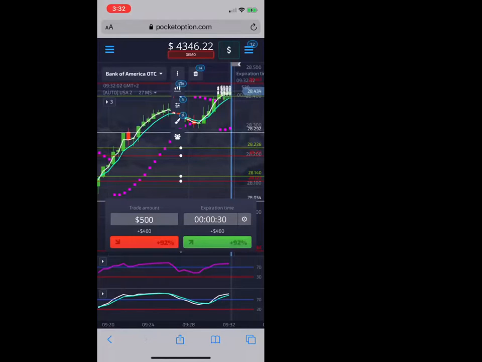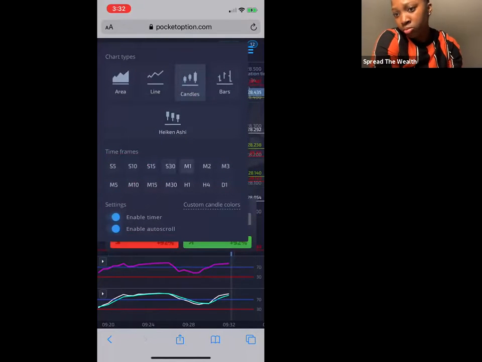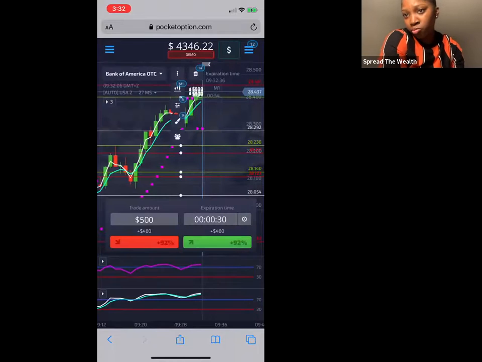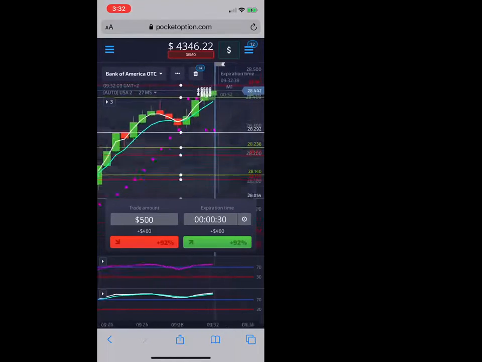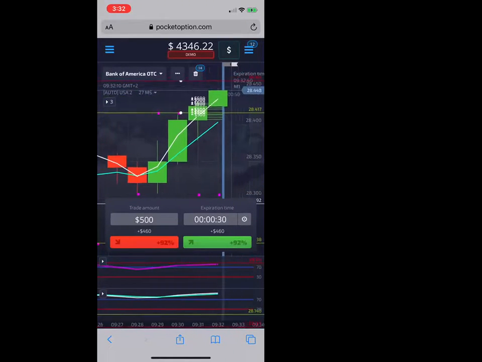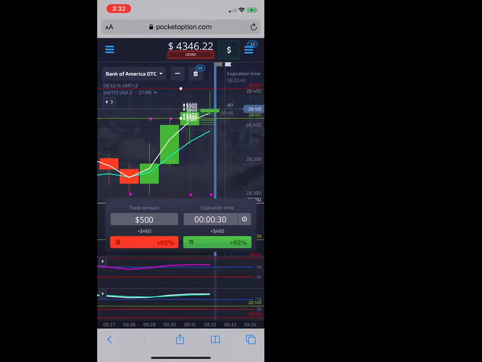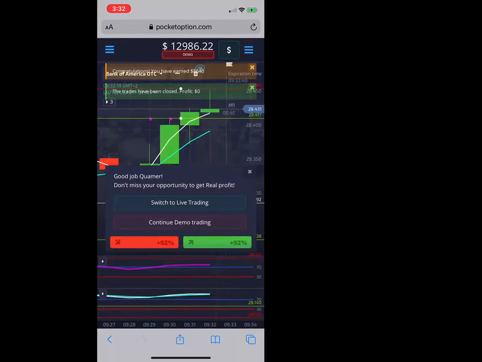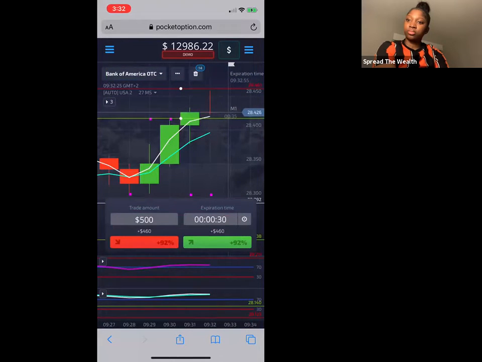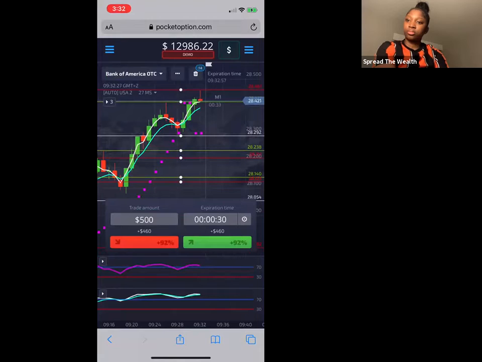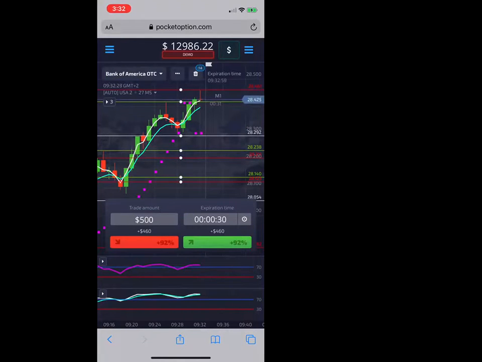See that? I play so many trades you can't even look, like double vision. Still one. As you can see, touch the red line.